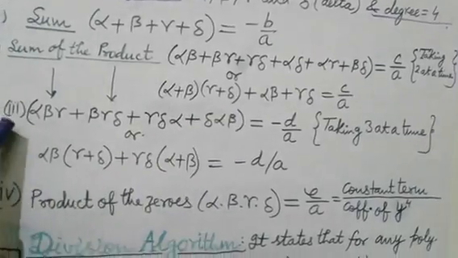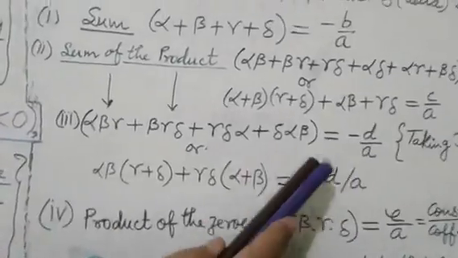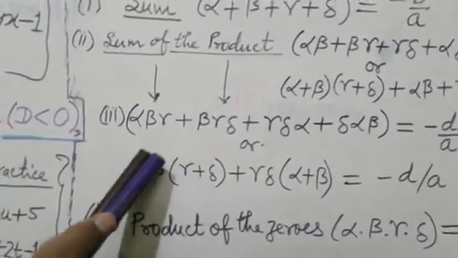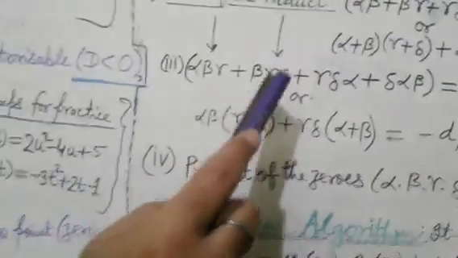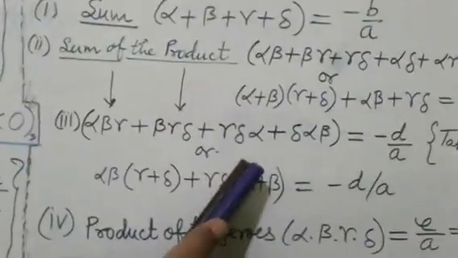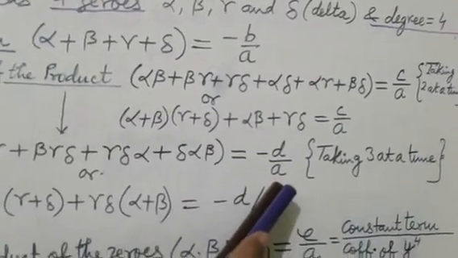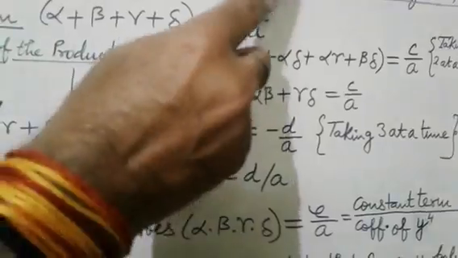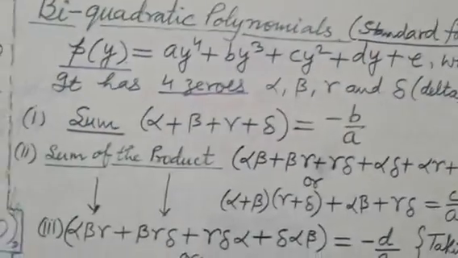Now, the third formula. Taking three zeros at a time as a product, when we find their sum, alpha beta gamma plus beta gamma delta plus gamma delta alpha plus delta alpha beta is equal to minus d upon a, where d is the coefficient of y and a is the coefficient of y to the power 4.